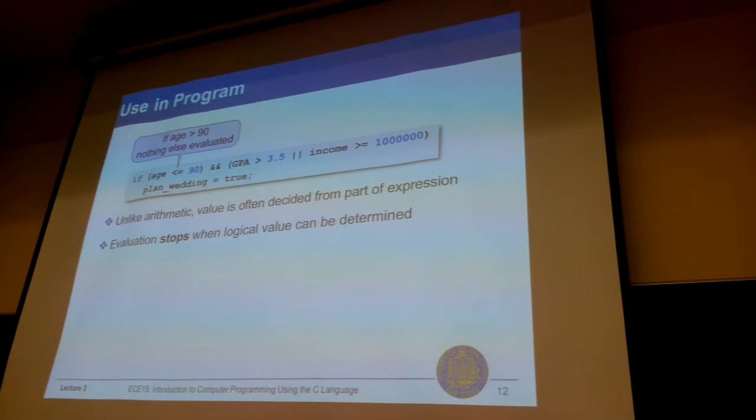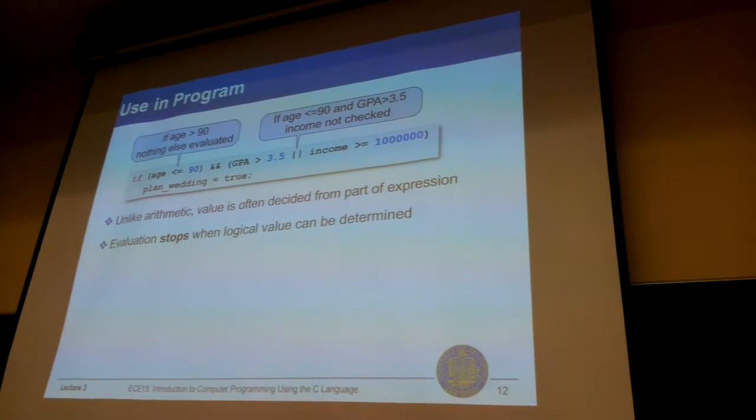Everyone's got that. Similarly, if the age is less than or equal to 90 and the GPA is greater than 3.5, the income doesn't need to be checked, right? Because regardless of what this income value is, the whole expression would always evaluate to true. And this is just C's way, the compiler's way, of being more efficient, right? Why even look at this if it doesn't matter?